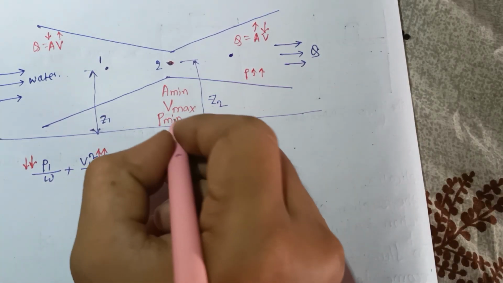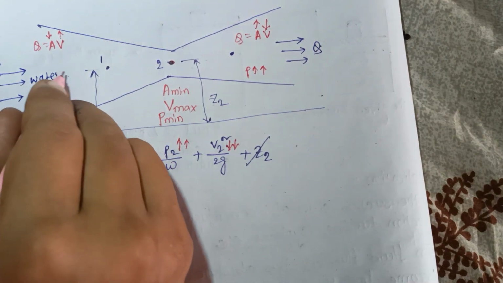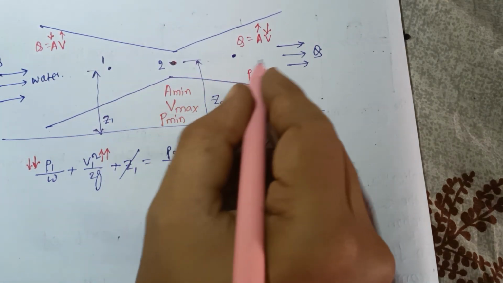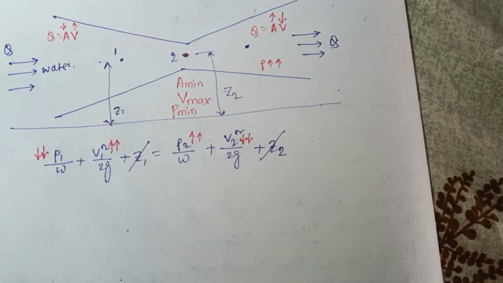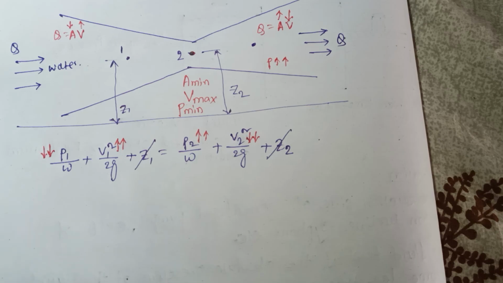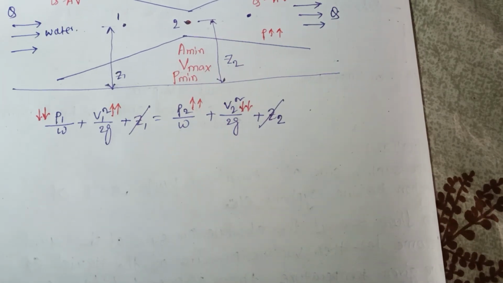So here the pressure is minimum and then the pressure increases. So pressure P1, then pressure gradually decreases and then pressure increases. So this is all about the cavitation phenomena.